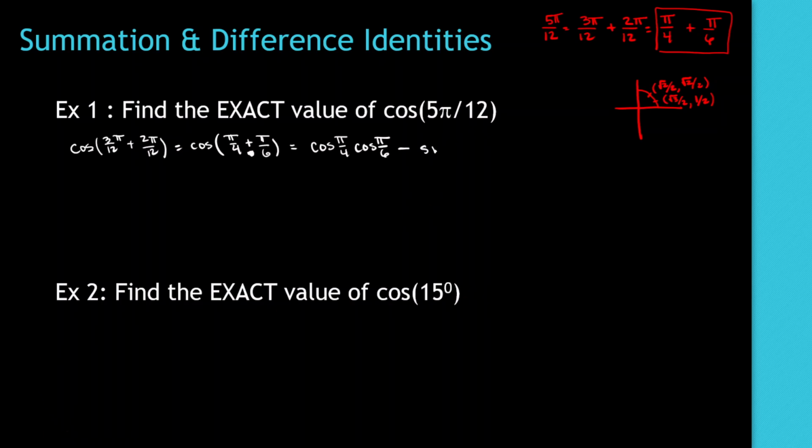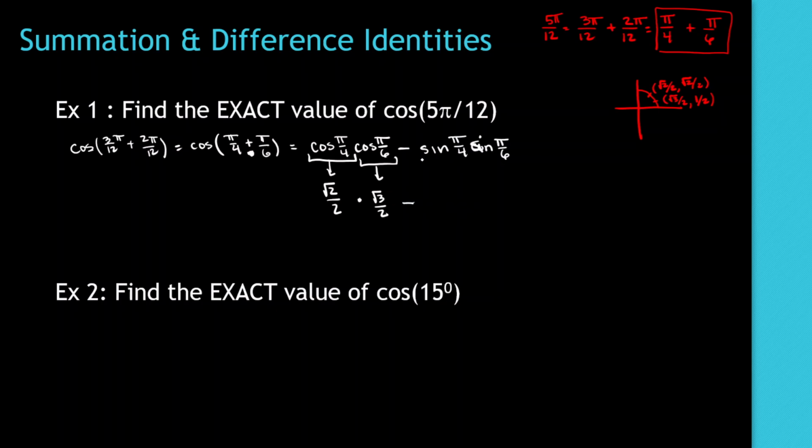So I'll do sine of pi fourths, sine of pi sixths. Now we look at our unit circle and we replace these with their values. Cosine of pi fourths is square root of 2 over 2. Cosine of pi sixths is square root of 3 over 2, and we're multiplying those together.